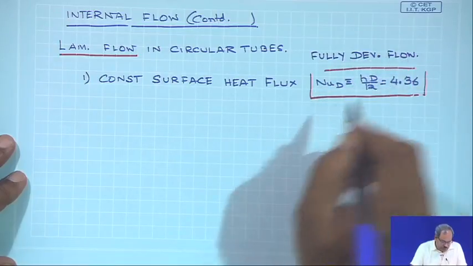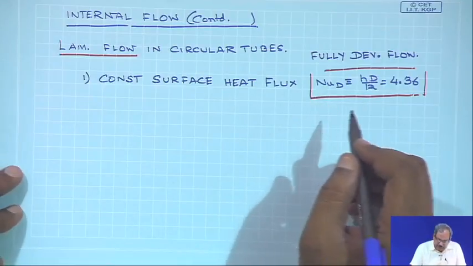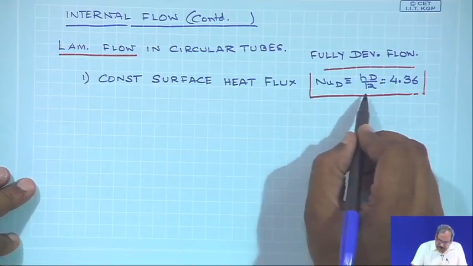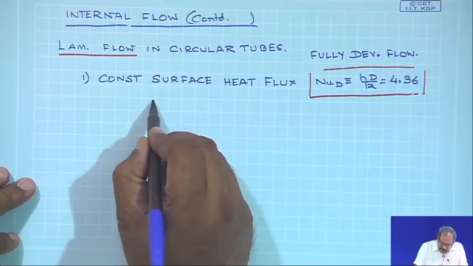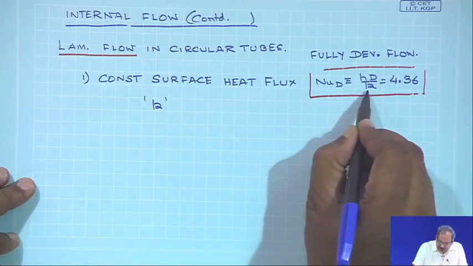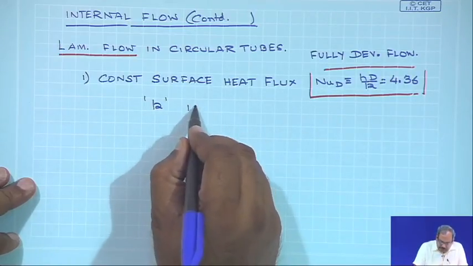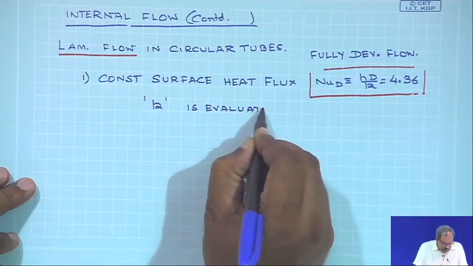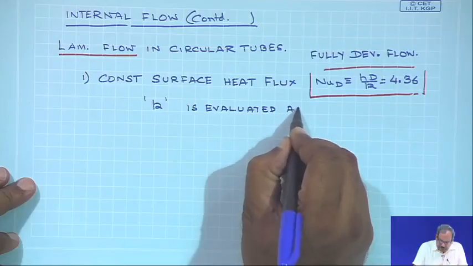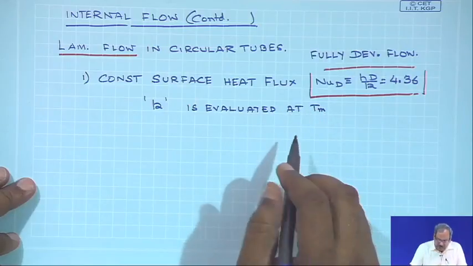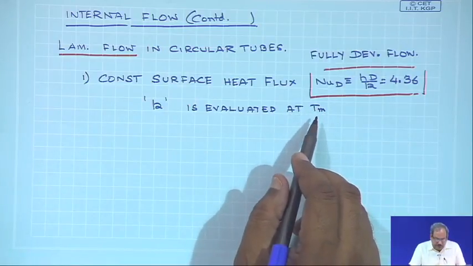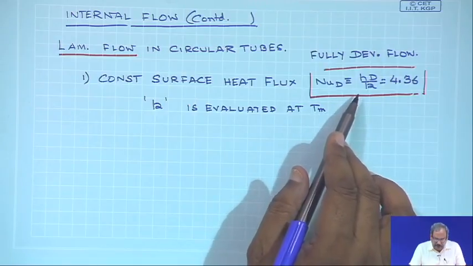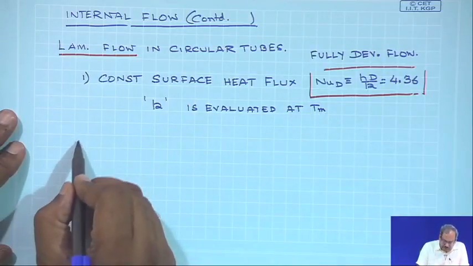Okay. So, this we have seen, and the only property k that appears in the Nusselt number relation, k is evaluated at Tm. So, whatever be the mean temperature of the fluid, the thermophysical property k is evaluated at that condition, at that temperature.